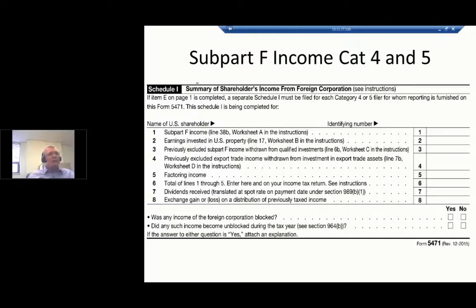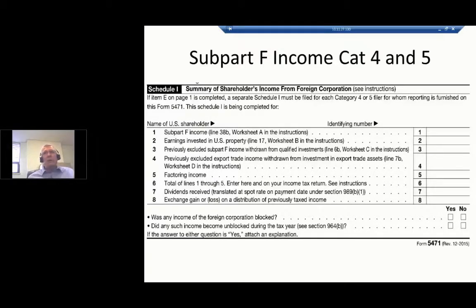There are only 8 items of Subpart F income reported here. Basically, when you have a foreign corporation, under Subpart F, it divides all of the income of the foreign corporation into 2 parts. Part 1 is Subpart F income, and that income is income that has to be taken into account by a U.S. shareholder and reported currently in the year of ownership.